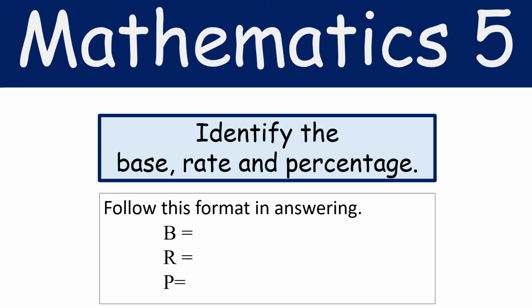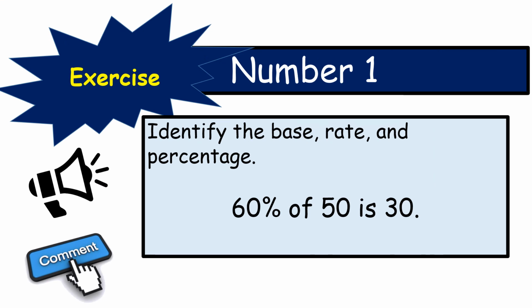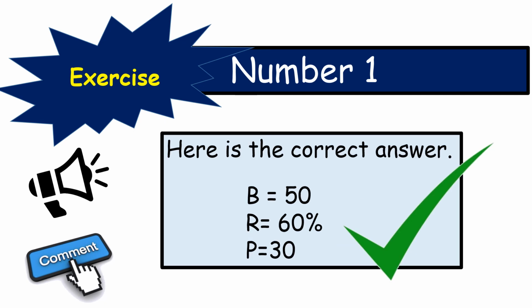B equals, R equals, P equals. For number 1, identify the base, rate, and percentage. 60% of 50 is 30. Here is the correct answer. B equals 50, R equals 60%, P equals 30.